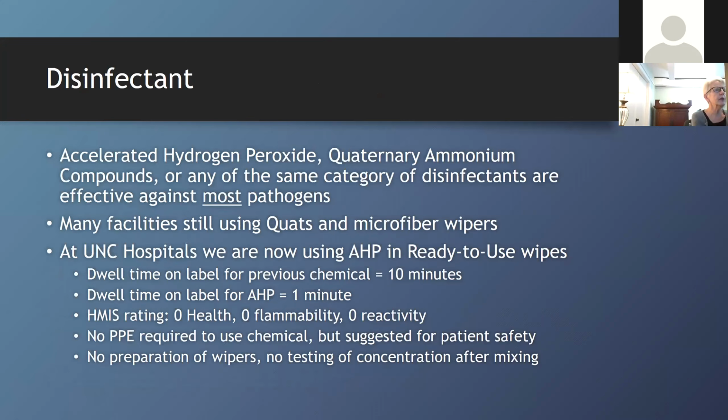So what about the disinfectant? What do you use? Well, the accelerated hydrogen peroxide and the quats are very good disinfectants, and they're effective against most of the pathogens that we see in the hospital or the healthcare setting.